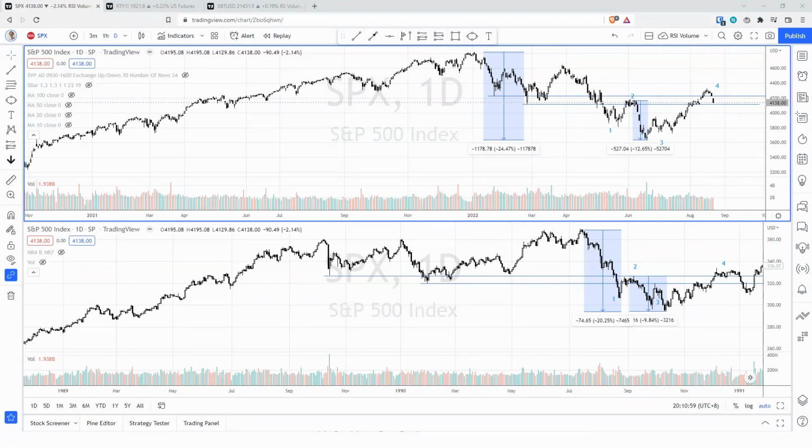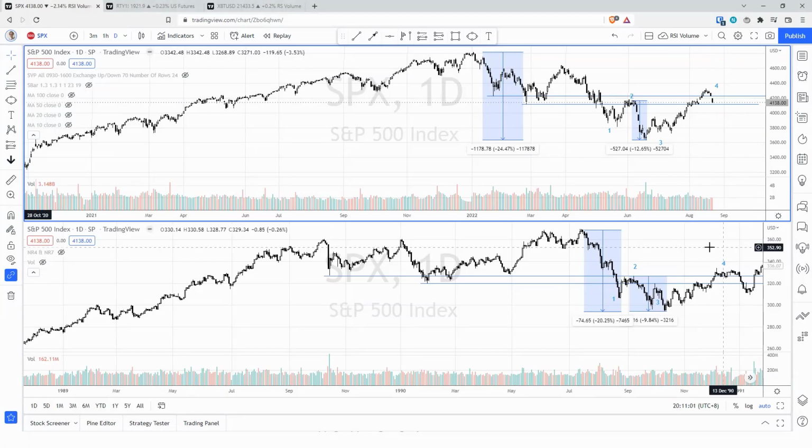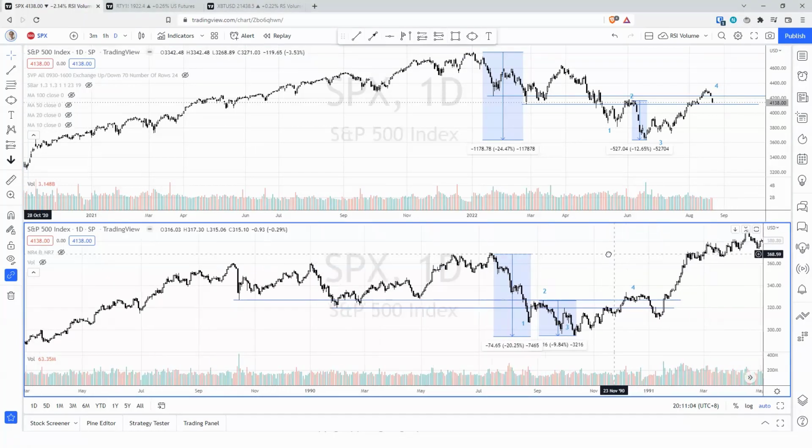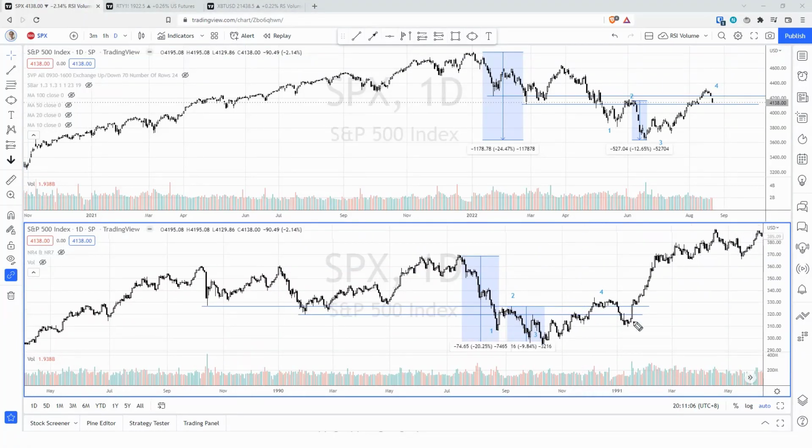So that is one possible scenario. If you look at 1990, you can see that right after the test or the shakeout, here comes the bull run, and the rest is just history. All right, so I think at the moment, 1990 could be quite a relevant scenario for the situation the S&P 500 is going through.